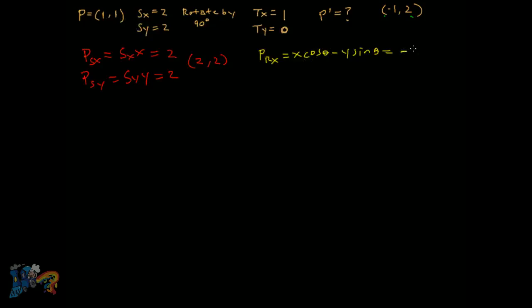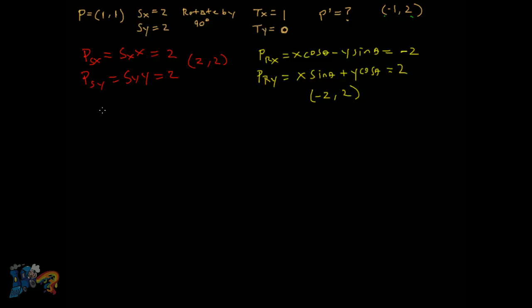We get a minus 2 times the sine of 90, which is 1, so we get minus 2. The point rotated y is x sine theta plus y cosine theta. Well, this term goes away, so we're left with 2 times the sine of 90, which is 1, which is 2. So after that, we have -2 and 2 after the rotation.